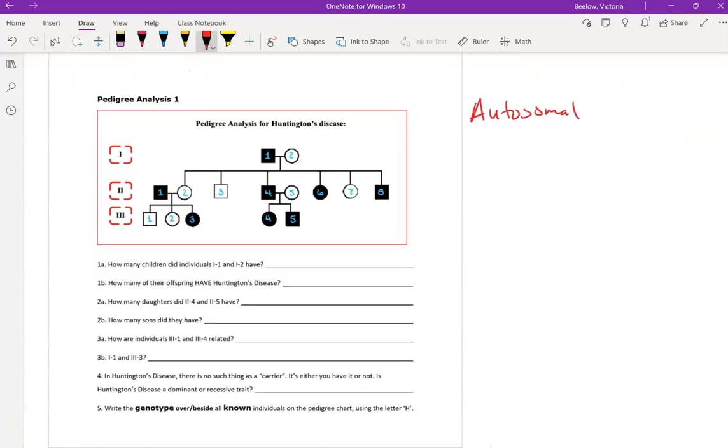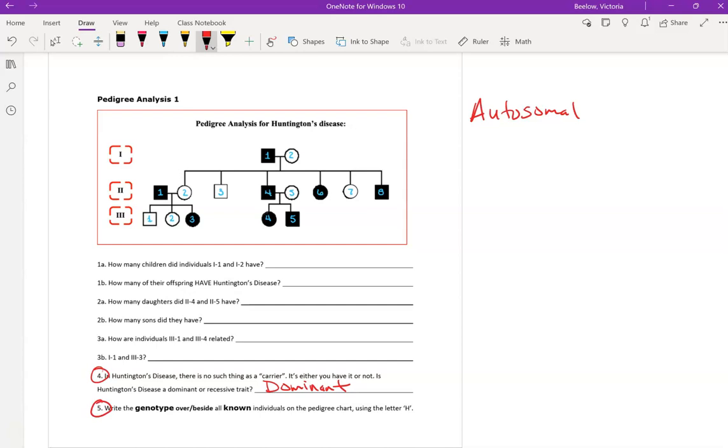Now, one thing that you're going to notice for question number 4 here, it says there's no carriers in this. There's no one that's half shaded. So since nobody's half shaded, that means that nobody's carrying the recessive. So therefore, this has to be a dominant trait. Like you have it or you don't. There's nobody that can be carrying a recessive with the capital letter overshadowing it.